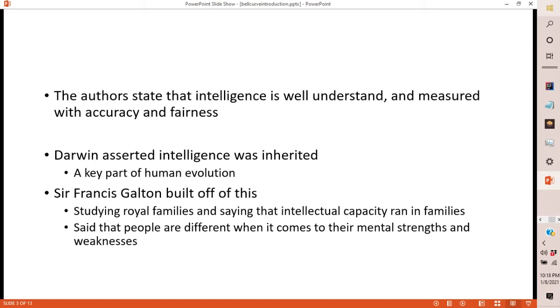We're able to infer some things from somebody's intelligence or from a group's intelligence.